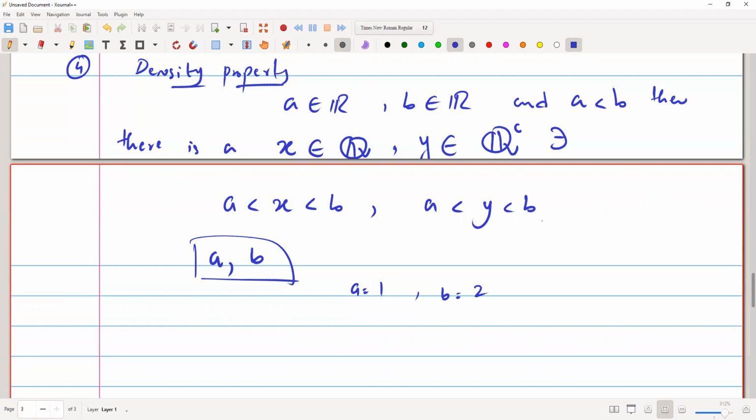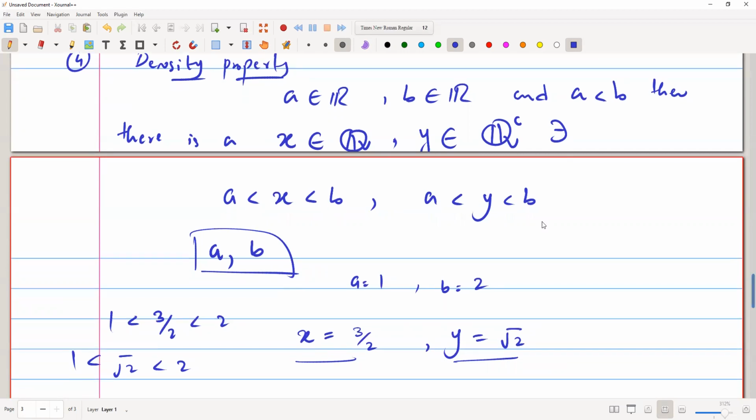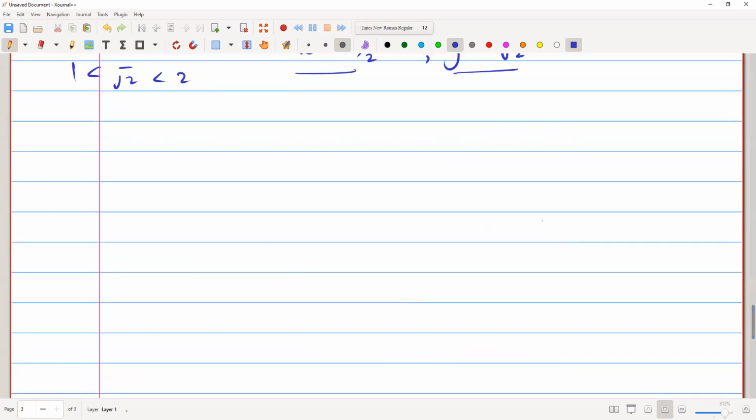But if I want to find one, I can say X equals 3/2, a rational number, and Y equals the square root of 2, an irrational number, since 3/2 is between 1 and 2, and the square root of 2 is between 1 and 2. So we see here, this is called the density property.